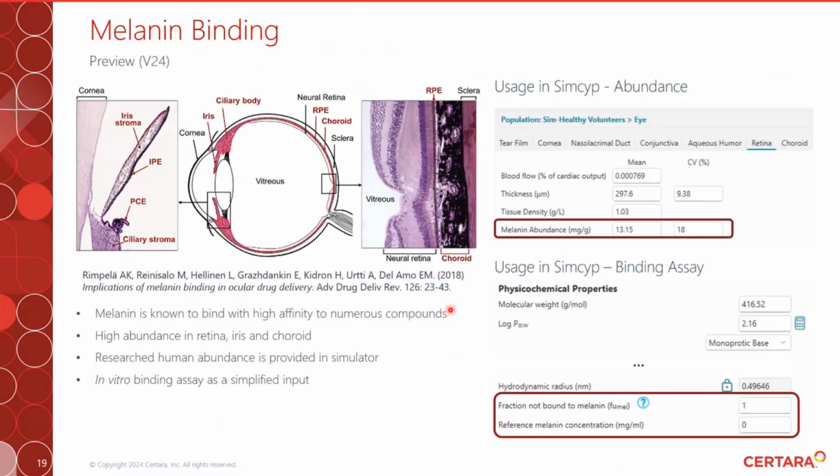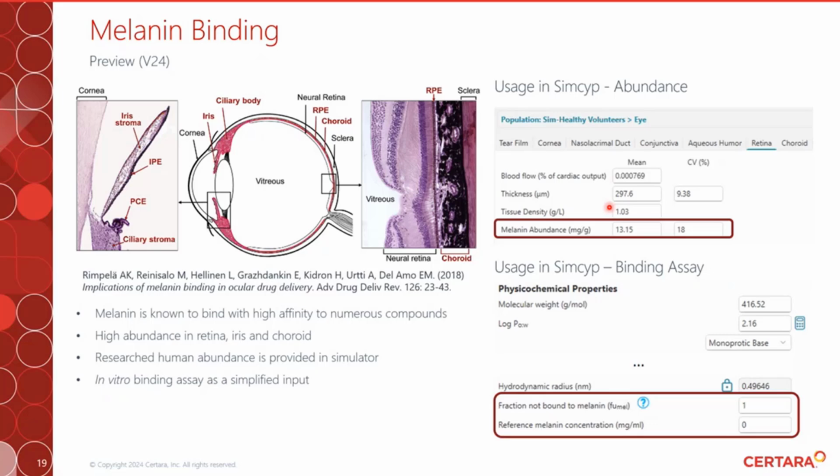A couple of things we've added for V24 as well. One is the idea of melanin binding. Melanin is a fairly common compound within the eye, and most people are probably familiar with it. There's a fairly large number of compounds that bind to it with fairly high affinity, and it's found in the retina, iris, and choroid for the most part.